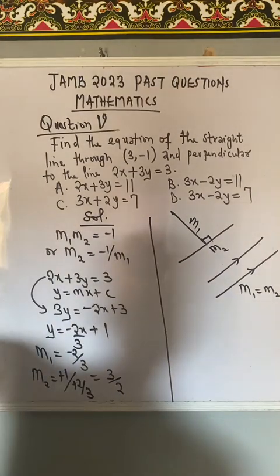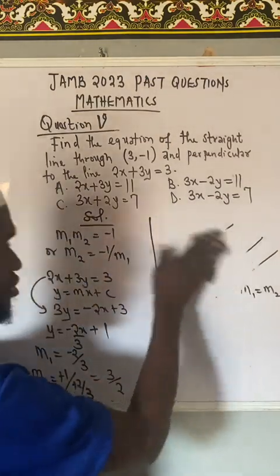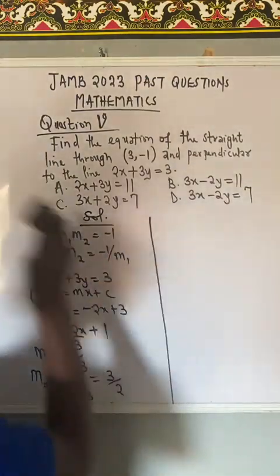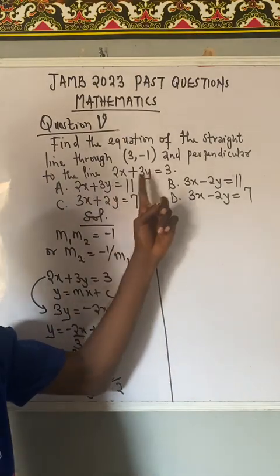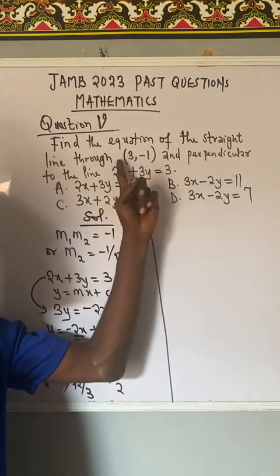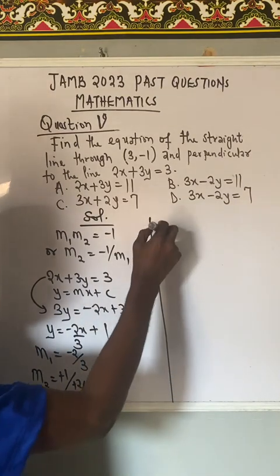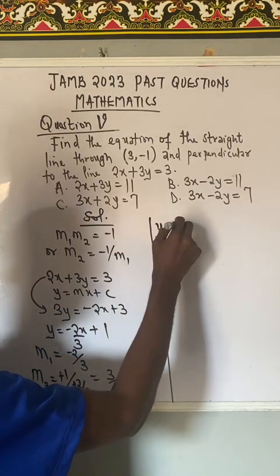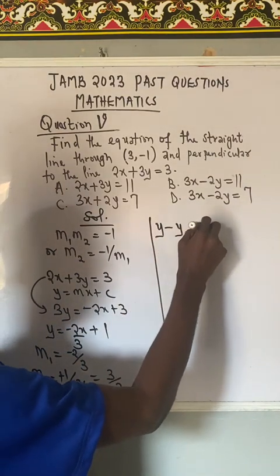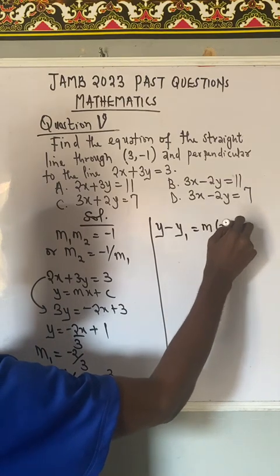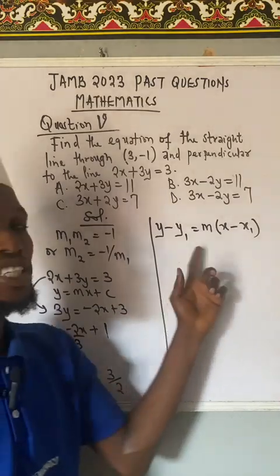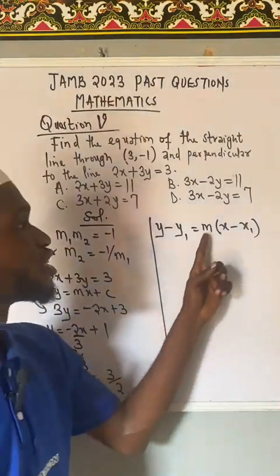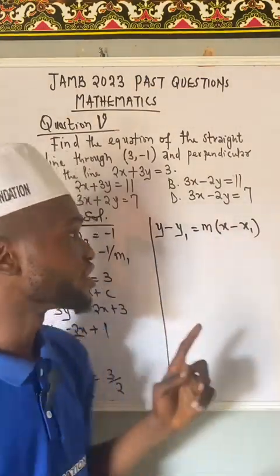Now, let's continue from the next side. In order to produce the equation of the line that is perpendicular to this and passing through this point, we are going to use this equation, y minus y1 equal to m bracket x minus x1. This equation represents equation of a straight line, gradient and one point form.